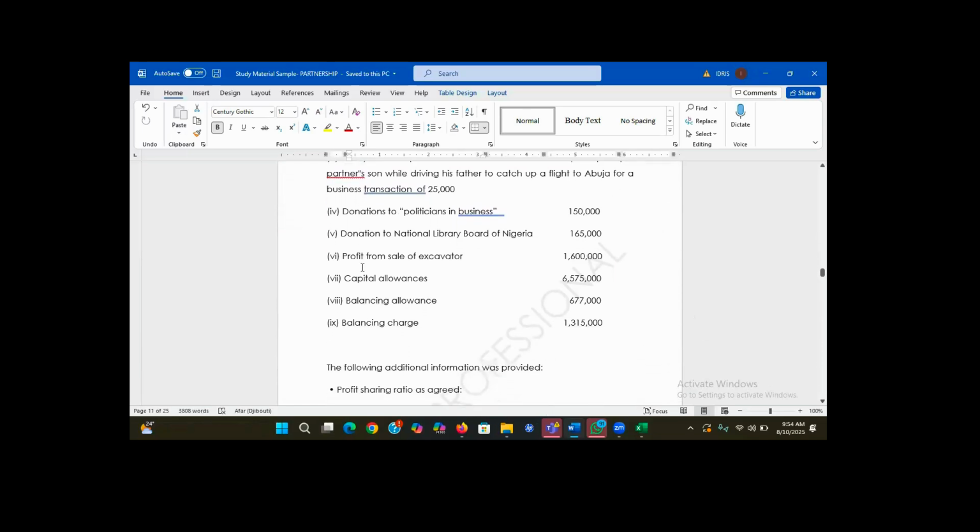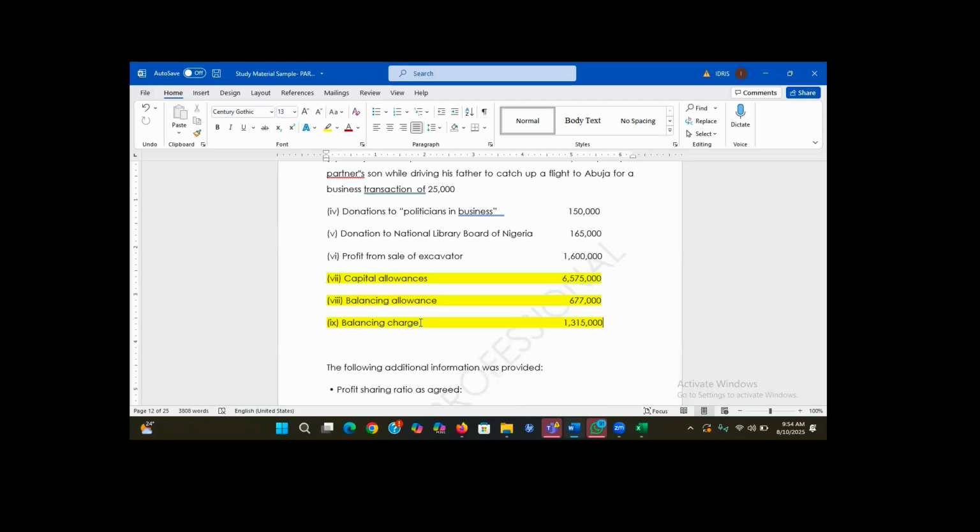Let me show you these three elements. They are brothers and sisters. The same procedure applies to them. But balancing charge, we add it back to your adjusted profit. You less capital allowance. You less balancing allowance.